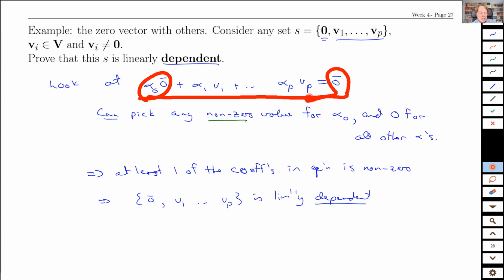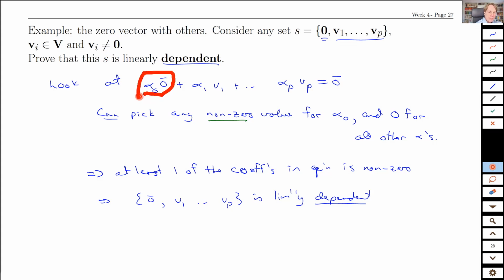So this is the best example that all it takes for a set to be linearly dependent is that even one of these coefficients is non-zero. The alpha naught is associated with the 0 vector. For all the other v's, because we started counting at v1, I used alpha 1, alpha 2, and so on, but that should be a sub-0 to make it a little clearer for reading.